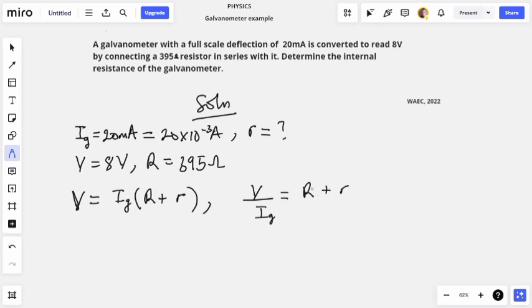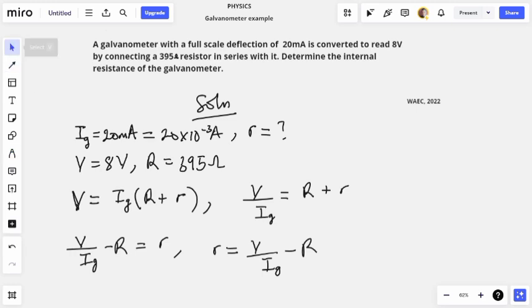Then for small r to stand alone, you have to take this big R to the left. That will be V over I subscript G, since this plus R becomes minus R. Or you can write it this way: r equals V over I subscript G minus R.